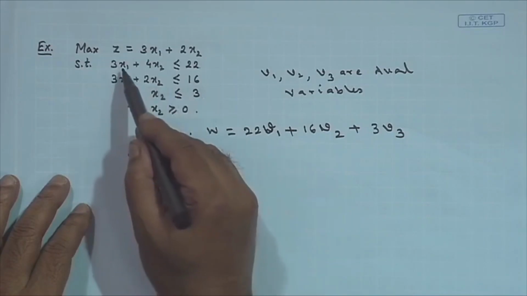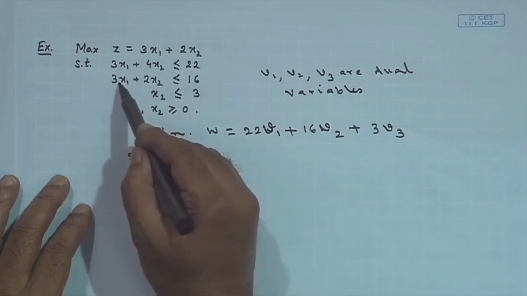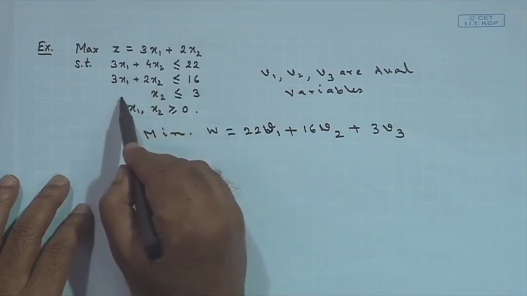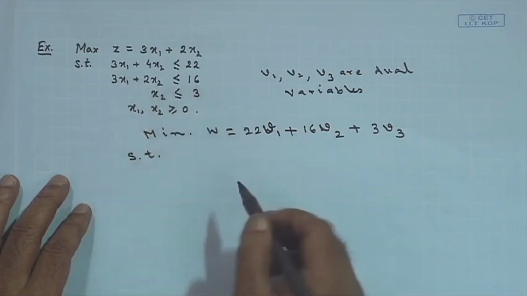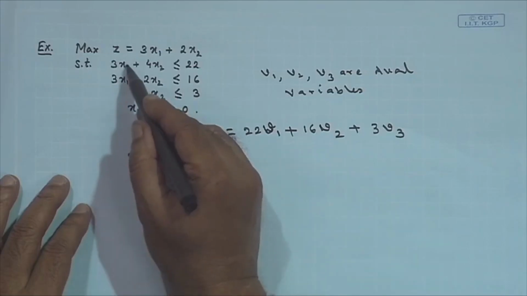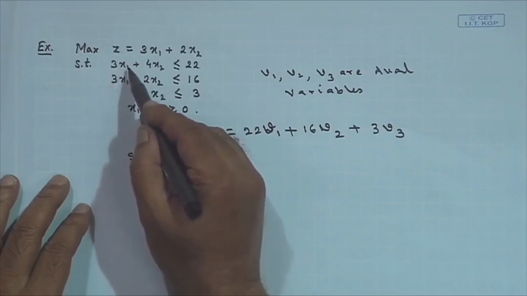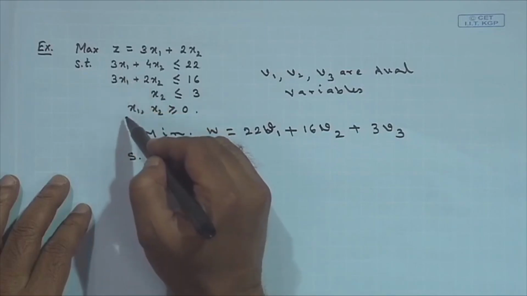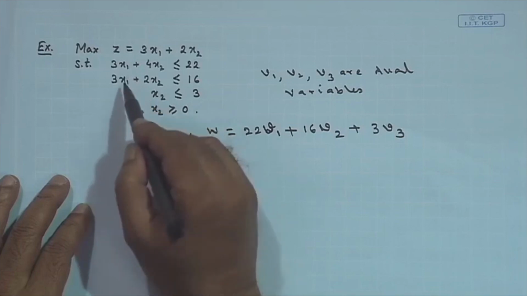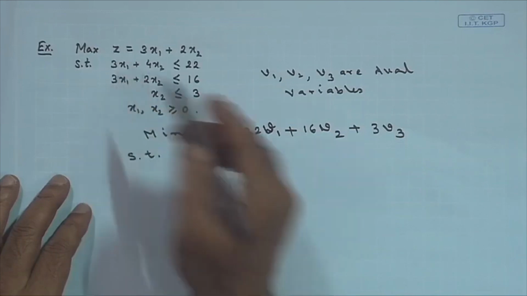So, I have to write down 3 V1 plus 3 V2, but for x1 nothing is there in the third constraint. So, basically you are writing the coefficients of the variable x1 in each constraint, and associating them with the variables V1, V2 like this.